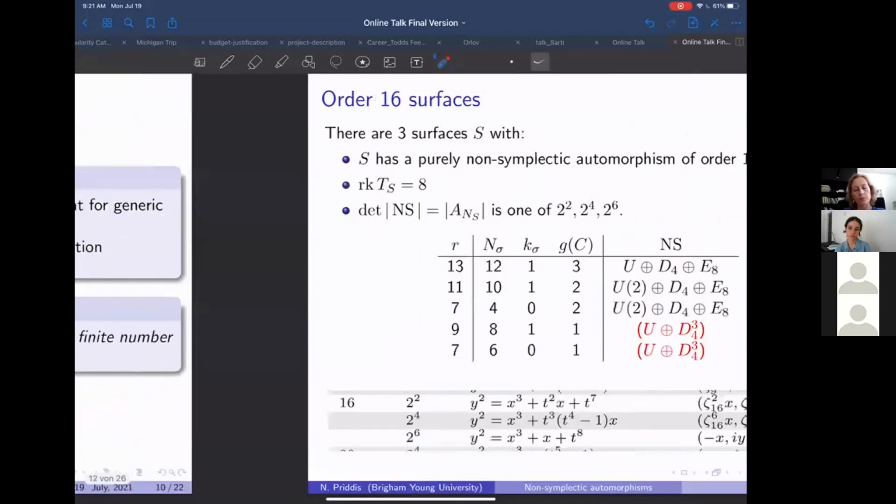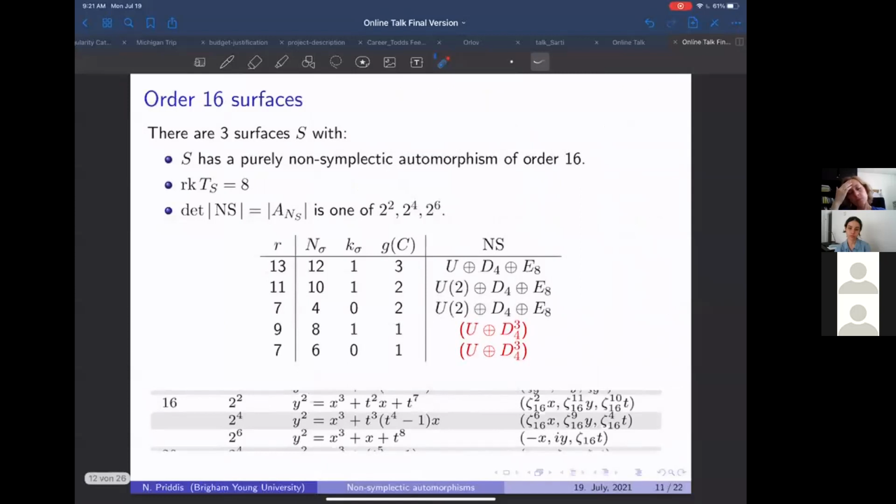All right, so there's our elliptic fibration. Now I'll start. I'm going to describe all of these K3 surfaces to you. So you saw in Brandhorst's result, there are 3 surfaces. S has a purely non-symplectic automorphism of order 16. Again, we're requiring that the rank of the transcendental lattice is phi of 16, which is 8.